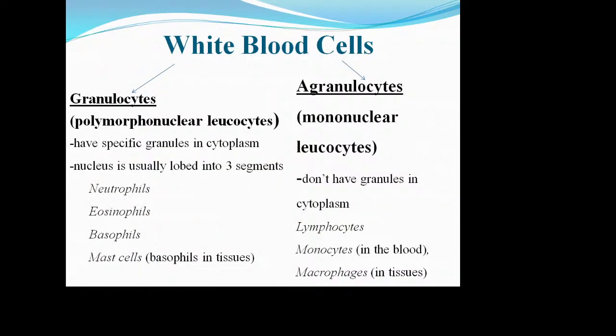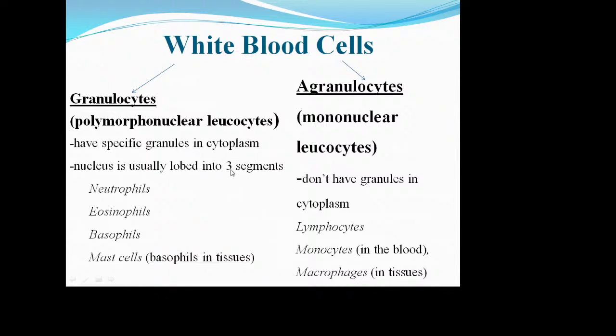All white blood cells can be divided into granulocytes and agranulocytes. Granulocytes are also called polymorphonuclear leukocytes. They have specific granules in their cytoplasm, that's why they are called granulocytes, and they have a nucleus that is segmented into 3 lobes or 3 parts.